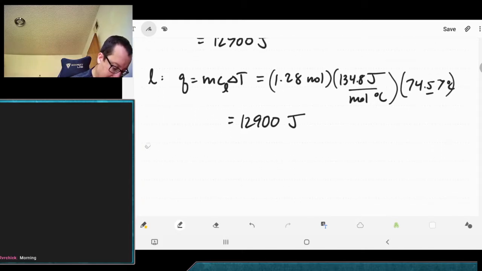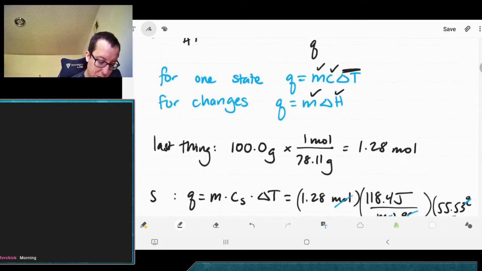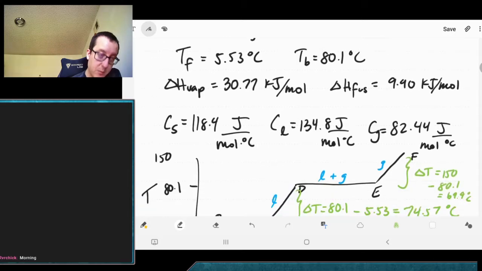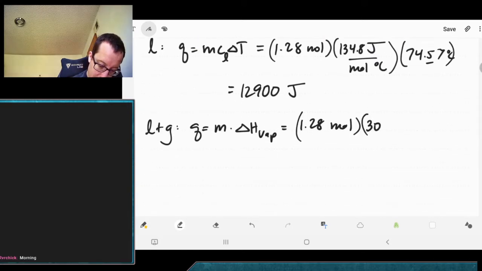Solid or liquid plus gas now. As you can see, this sort of calculation is rather repetitive, but that's okay. 1.28 moles. And then the delta H for vaporization was 30.77 kilojoules per mole.